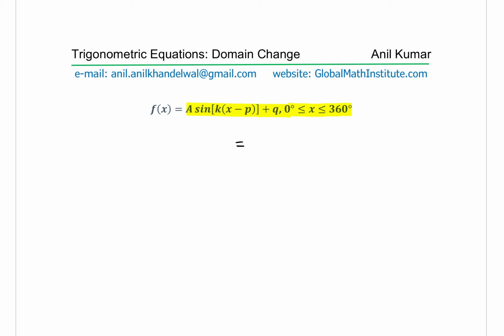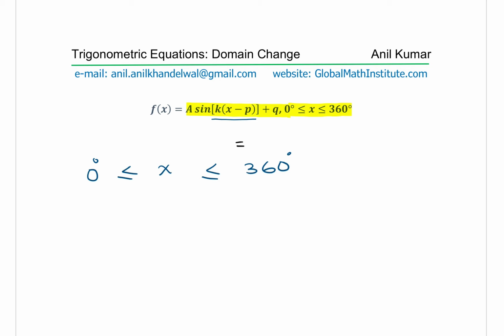Now the idea is that if x is between 0 degrees to 360 degrees, then what is the domain of the term which is k times x minus p? We can actually easily change this particular domain and figure this out.